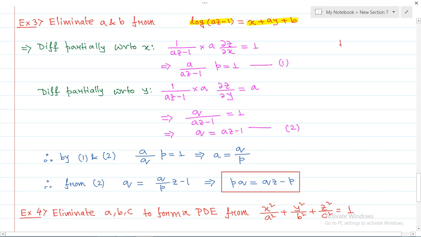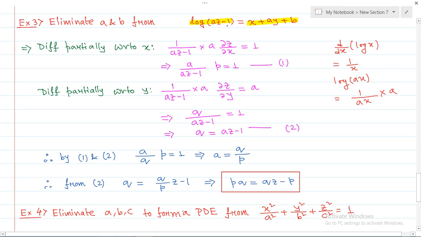If we just try to remember, the derivative of log of x is 1 upon x, right? But what is the derivative of log of ax? Then this will be 1 upon ax into a, because we have to first take the derivative of log of ax, then we have to take the derivative of ax, right?